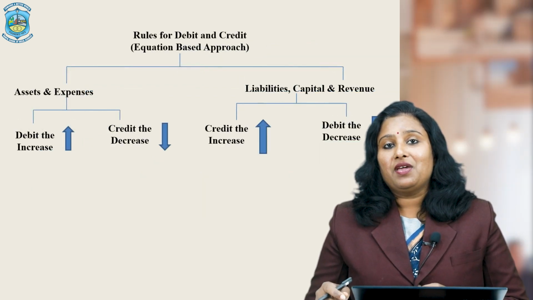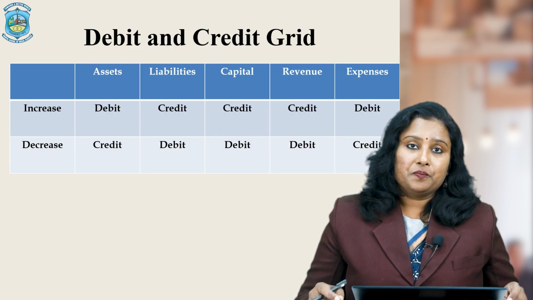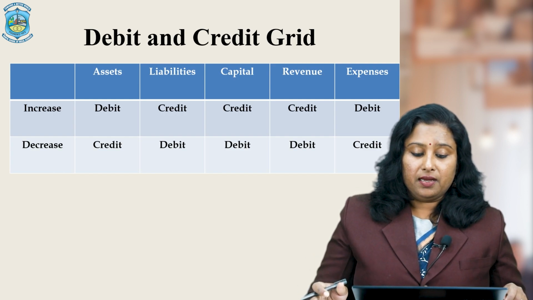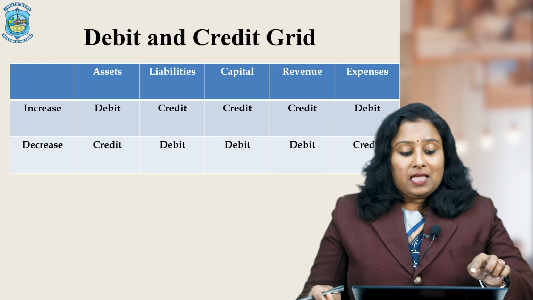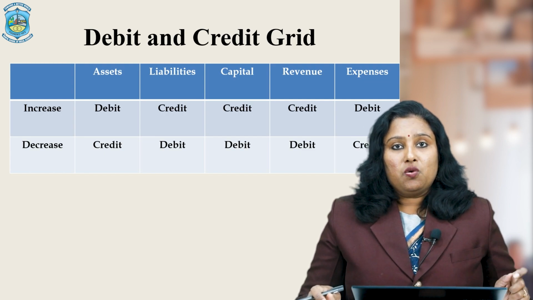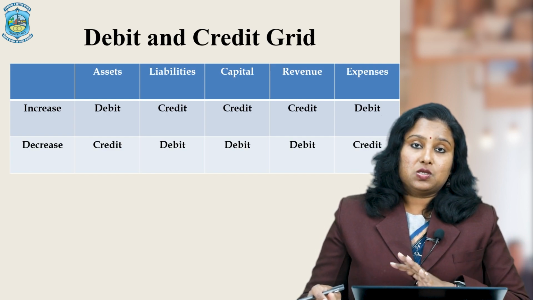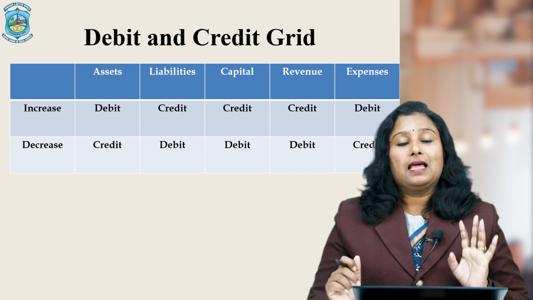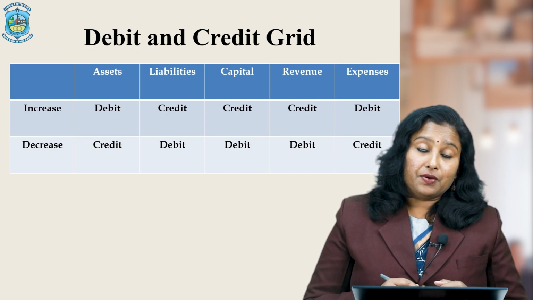I'll tell you an easy way of understanding the rule, that is through this grid. As you can see, all the 5 accounts have been listed over here, that is asset, liability, capital, revenue and expenses. Increase is the first row, where you can see the extreme 2 ends, that is asset and expenses. When they increase, they are debited, and the middle ones, that is liability, capital and revenues, are credited when they are increased.